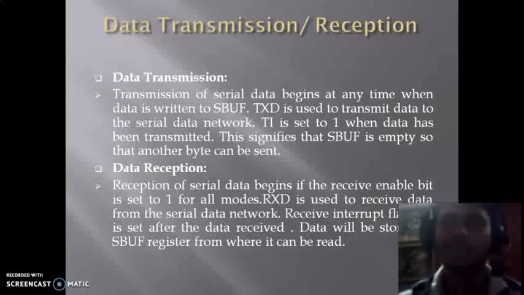In the case of data reception, RxD is used to receive the data, and reception of serial data begins when the receive enable bit is set to 1 for all modes. The receive interrupt flag RI is set after the data is received, and the data is stored in the SBUF register from where it can be read. So this is the data transmission and reception of serial communication.